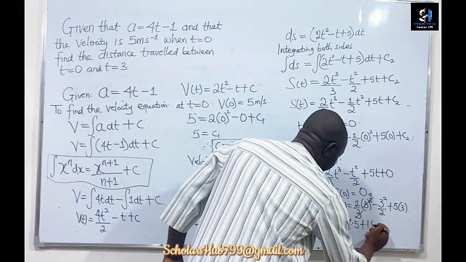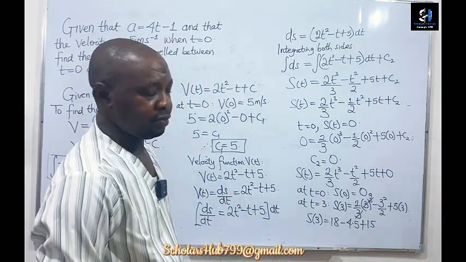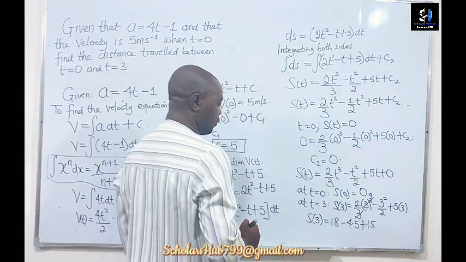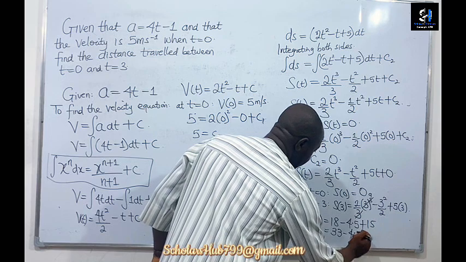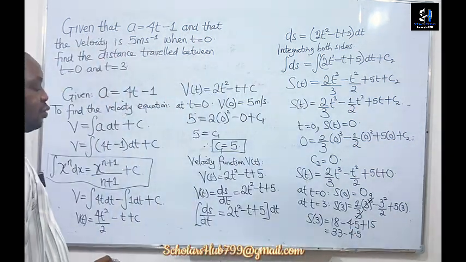Then plus 15. So 15 plus 18 will be 33. Then 33 minus 4.5.